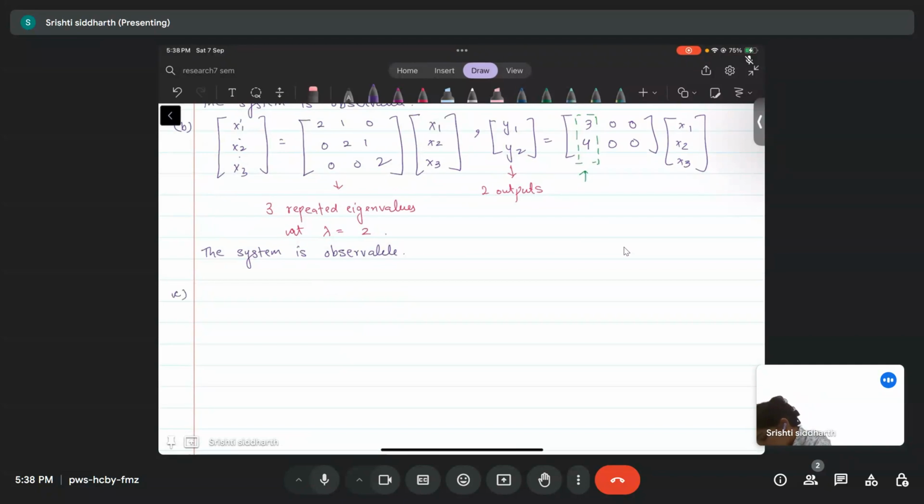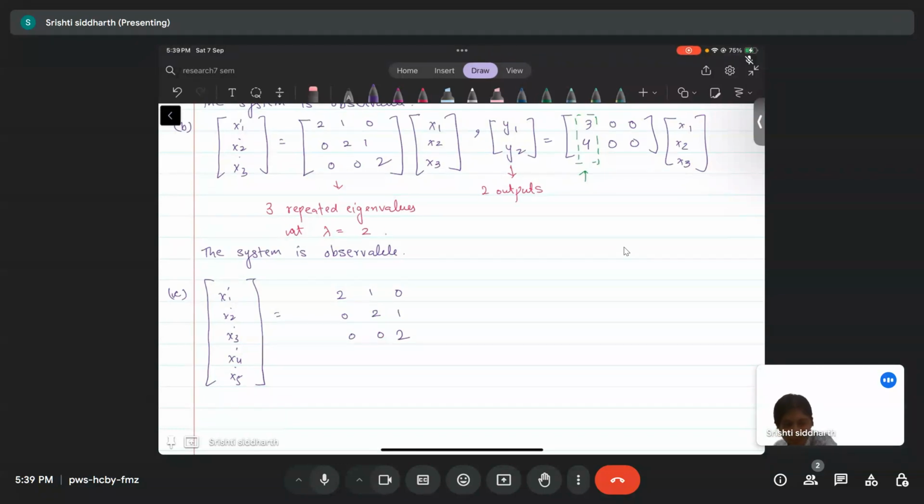Okay, so this was just the case when we had 3 repeated eigenvalues. Let's see if we have some more eigenvalues for a higher order system. We have a fifth order system, x5 dot. Again, there are three repeated eigenvalues at 2, so we have a Jordan block 2, 1, 0, then it shifts 0, 2, 1 and then 0, 0, 2.